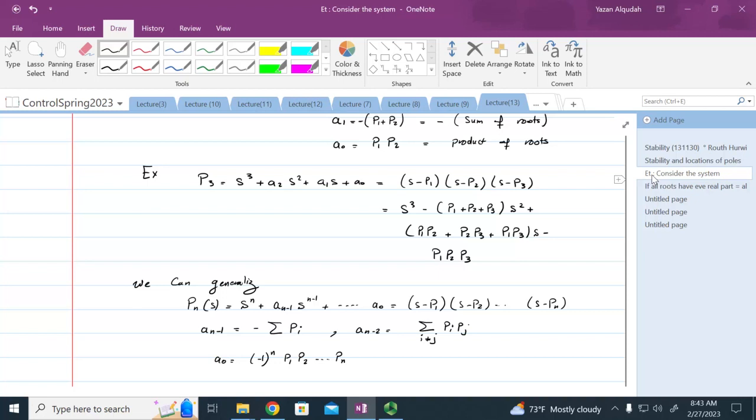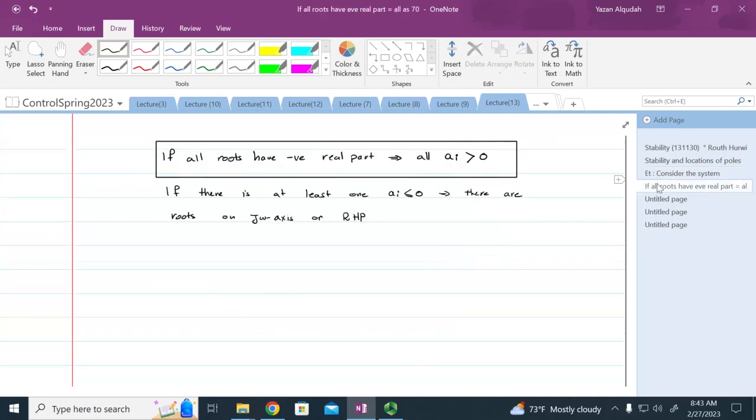Therefore, we can conclude if all the roots have a negative real part, then all the a_i's are going to be positive. And therefore, if I see a polynomial that has at least one coefficient that is 0 or less than 0, this must have come from a root that is either in the right half plane or on the j omega axis.